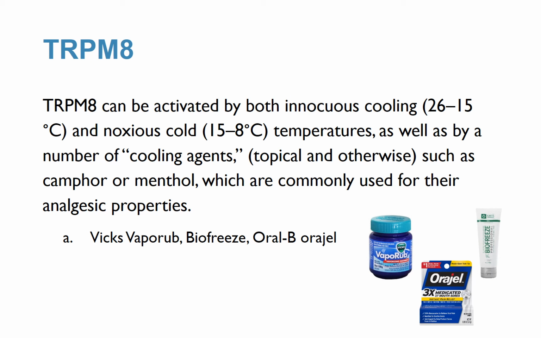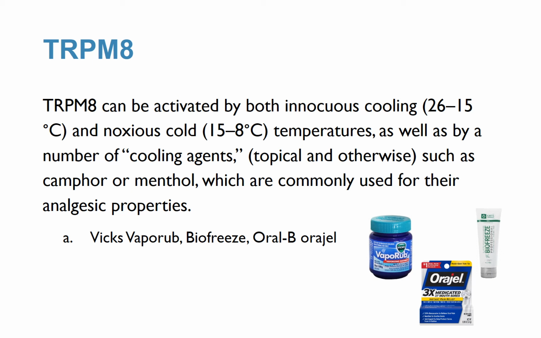Now, a lot of these topical products can be used for analgesic properties. Now, that may seem a little bit like a misnomer to you because it's transmitted by a nociceptor, the C fibers, and that is very specific to the dose of the ligand found within.